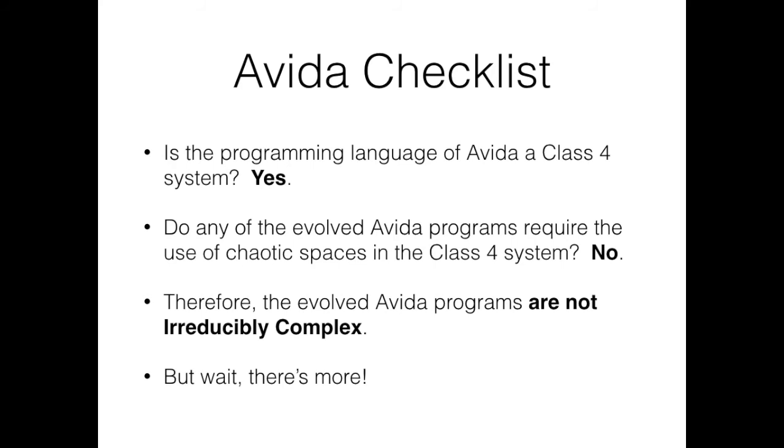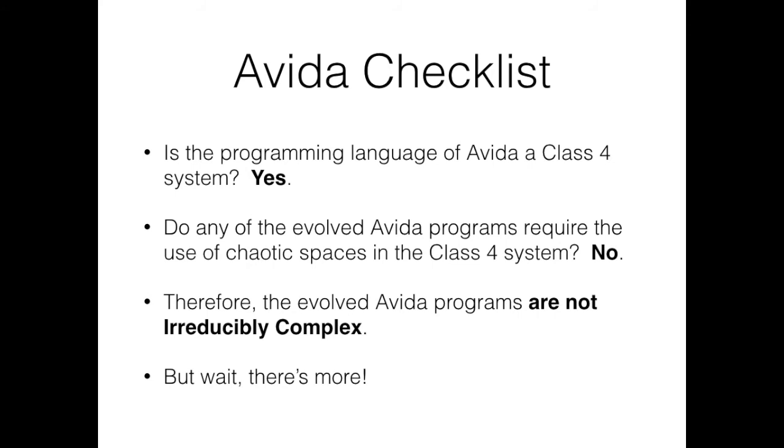In fact, in the forums, they talk about how hard it is even to get a loop that does nothing. So they can't even get a loop that does nothing, much less one that contributes to function. Therefore, the evolved Avida programs are actually not irreducibly complex.